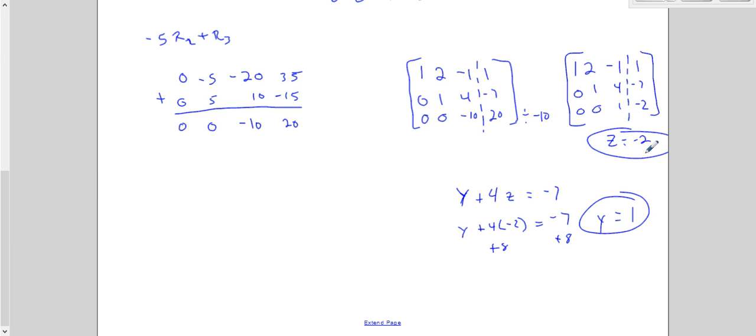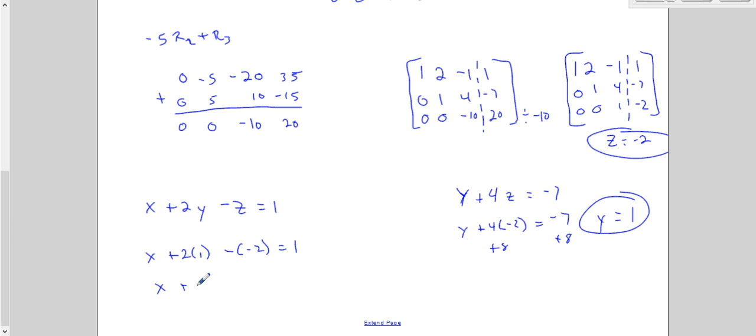And then I'm going to take and plug y and z into the first equation. My first equation is x plus 2y minus z equals 1. So x plus 2 times 1 minus negative 2 equals 1.